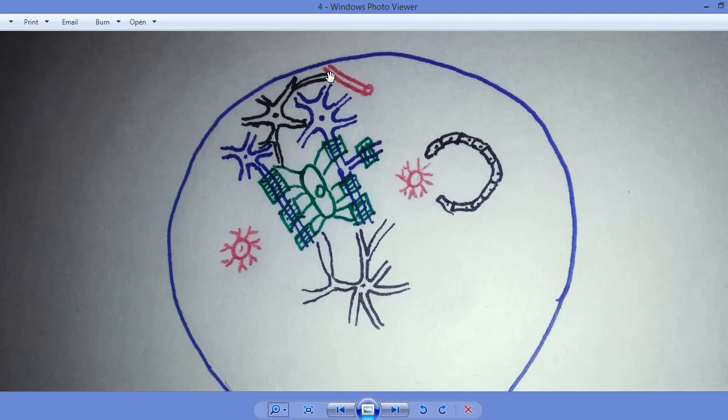So this astrocyte enwraps all around the blood vessel, and provides a tiny slit to the blood-brain barrier. So it maintains the blood-brain barrier.